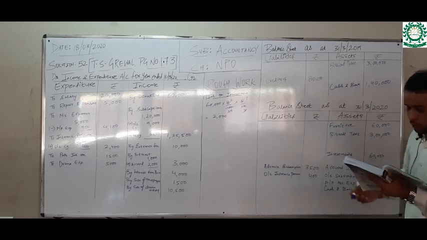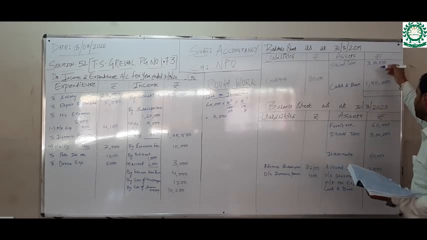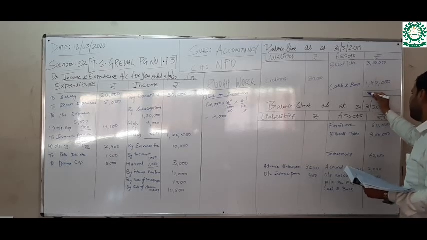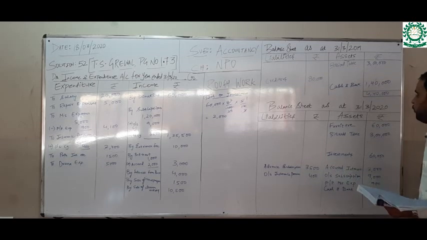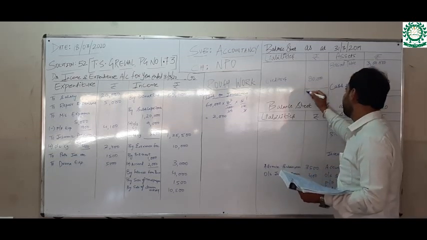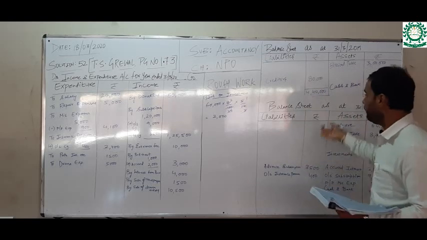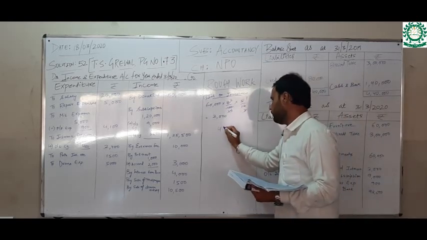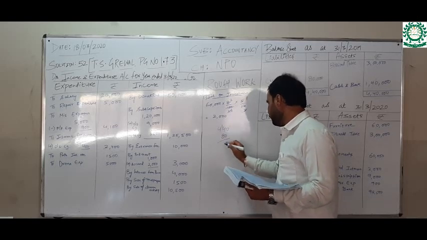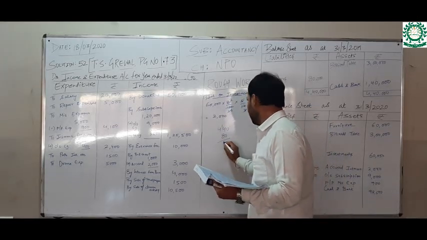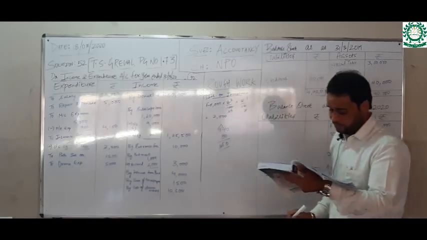Let us see how much is the opening capital fund. 3 and 1 is 4, so 440. 4 lakh and 40. Deducting 80 from the same, you will get 3,60,000.